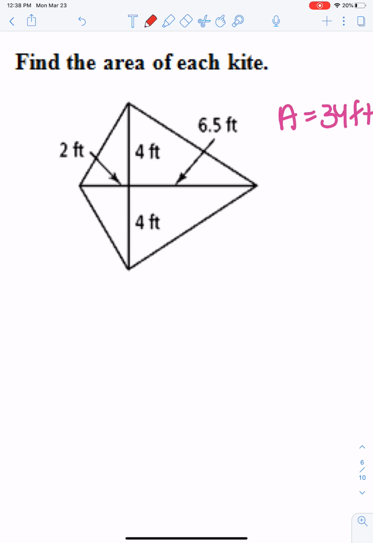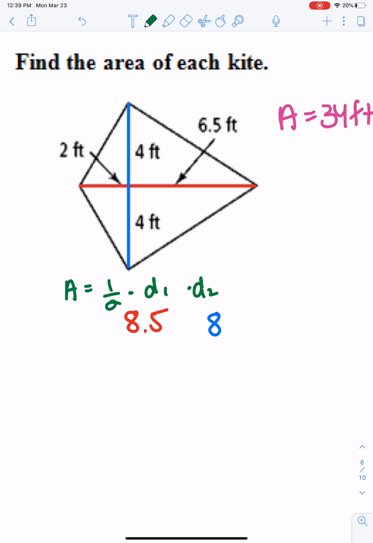My diagonal 1 looks like it is 2 plus 6.5, so that is 8.5 feet. And my diagonal 2 is 4 plus 4, so that is 8 feet. And our formula was the area is 1/2 times diagonal 1 times diagonal 2. You can pick any colors.